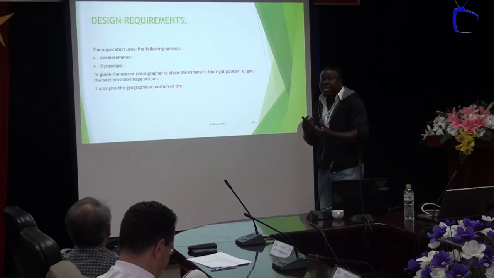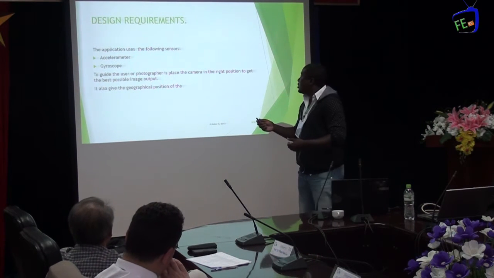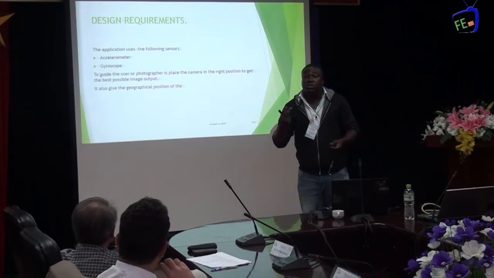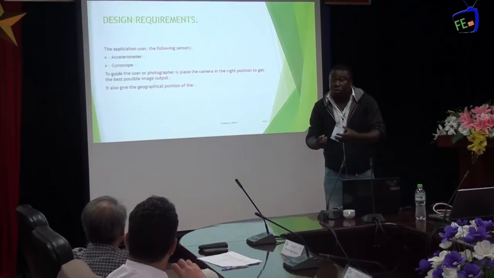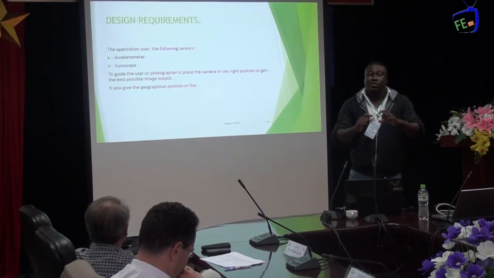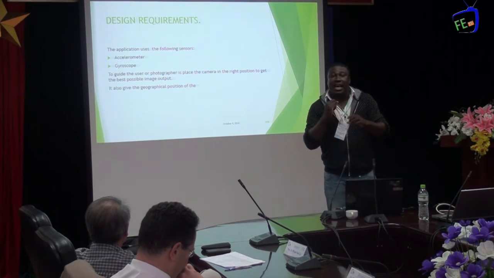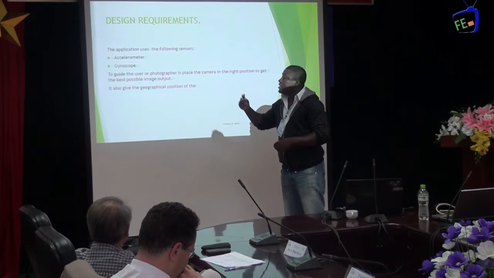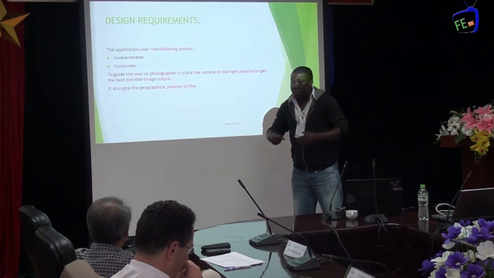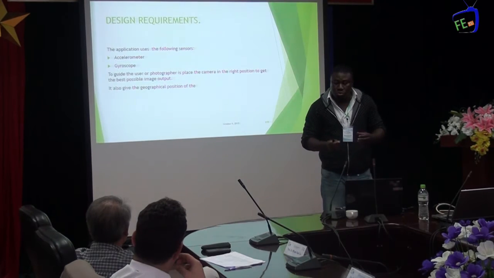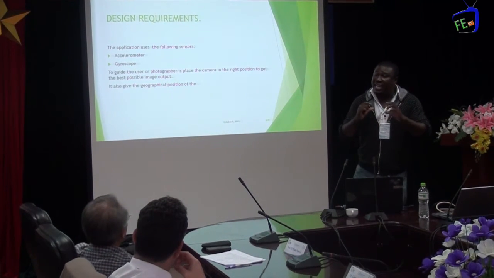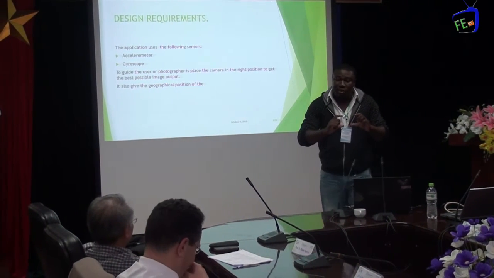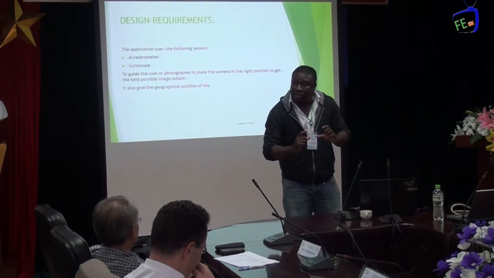One interesting thing about this application is it works with two sensors. Most people might not know, but each Android device or modern day device has inbuilt sensors in them: the accelerometer and gyroscope. These sensors are used to correct and guide the user how he should take a picture around the object.